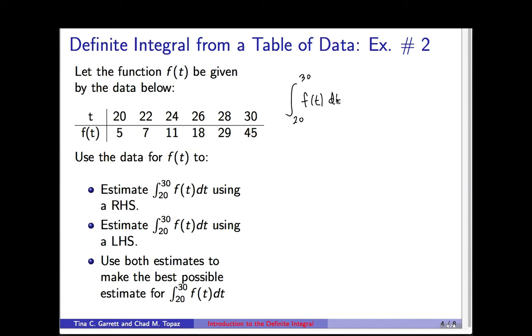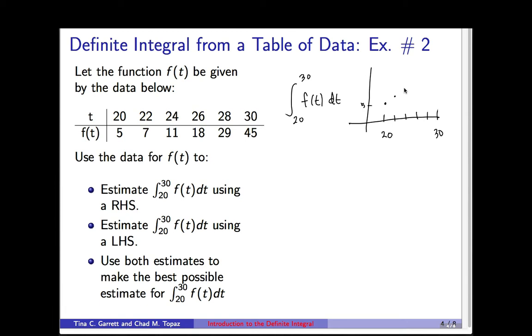Okay, so we can think a little bit about this in terms of the graph. When t is 20, we know the value of the function is about 5 from the table. When t is 22, the function value is about 7.